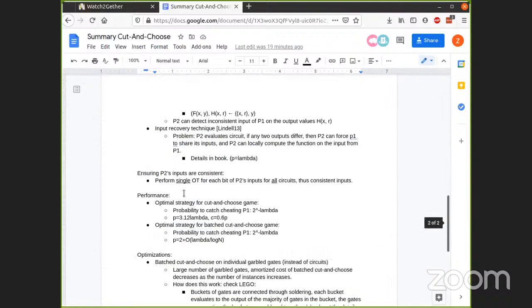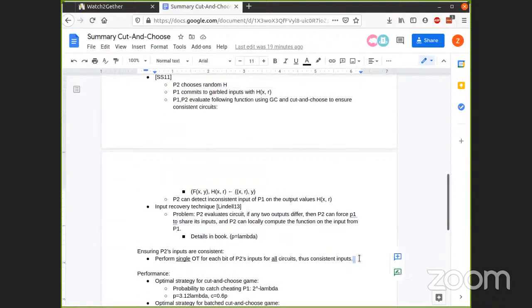Yeah, but ensuring that P2's inputs are consistent is actually quite easy, right? P2 is the evaluator, and if you remember how garbled circuits work, P2 chooses his inputs using oblivious transfer with P1.